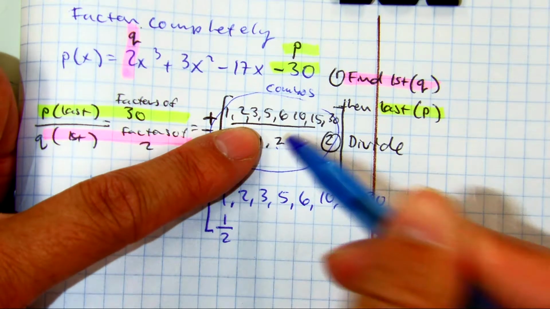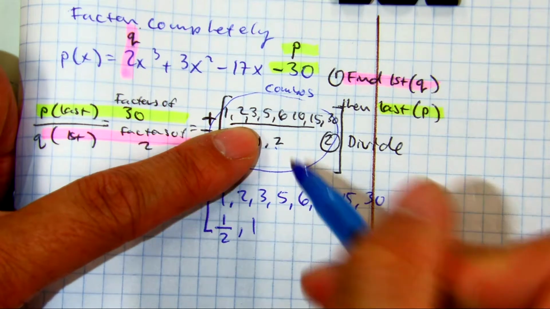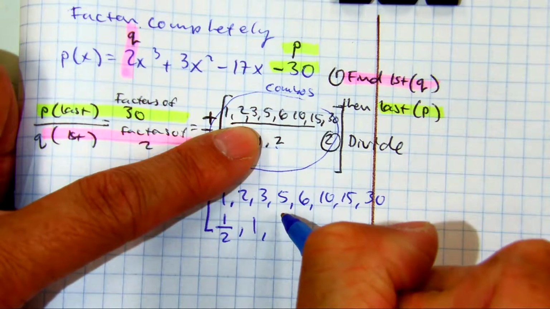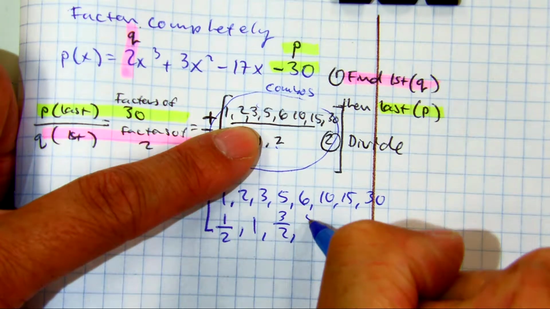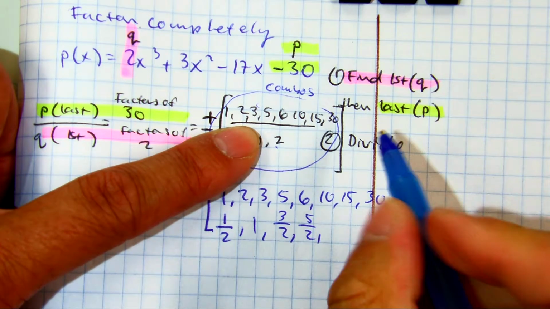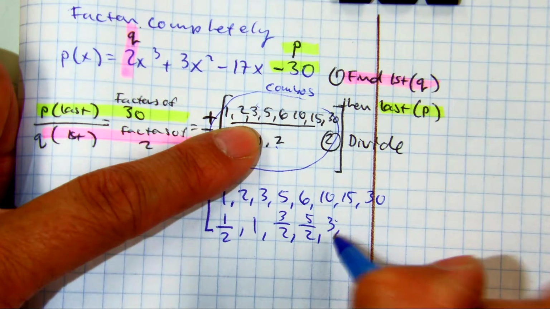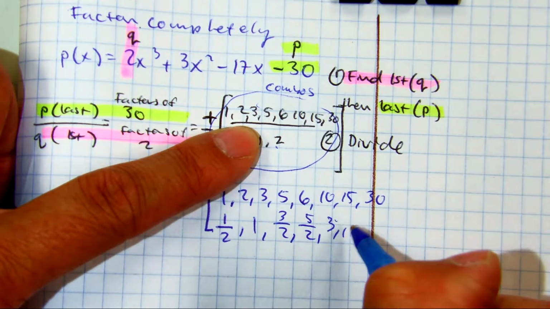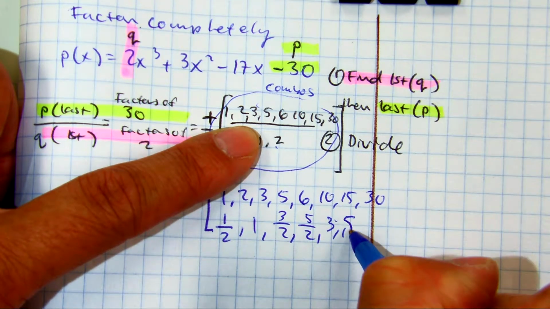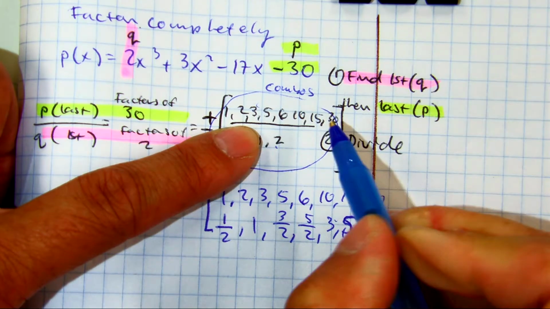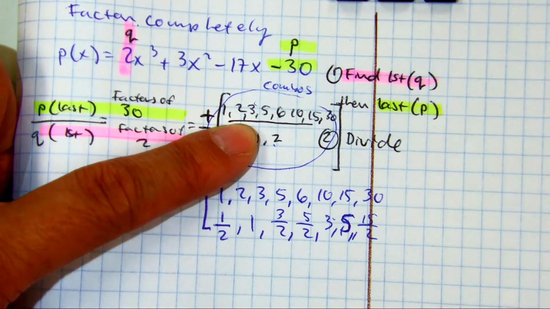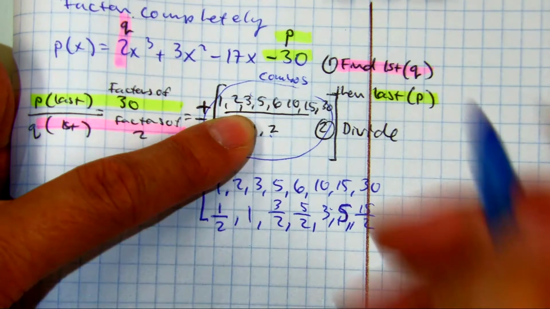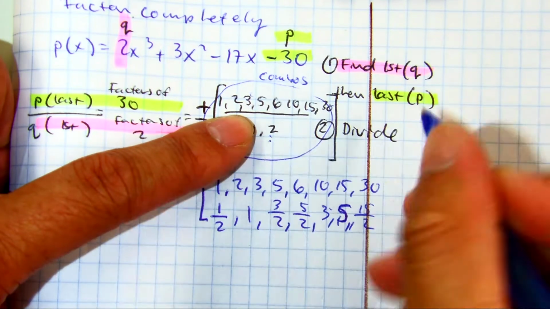Which is 1. Keep them fractions, right? 3 over 2. Keep going. Yep. 6 over 2 is? 3. That's a 5. And last one? 30 over 2 is 15. Okay.